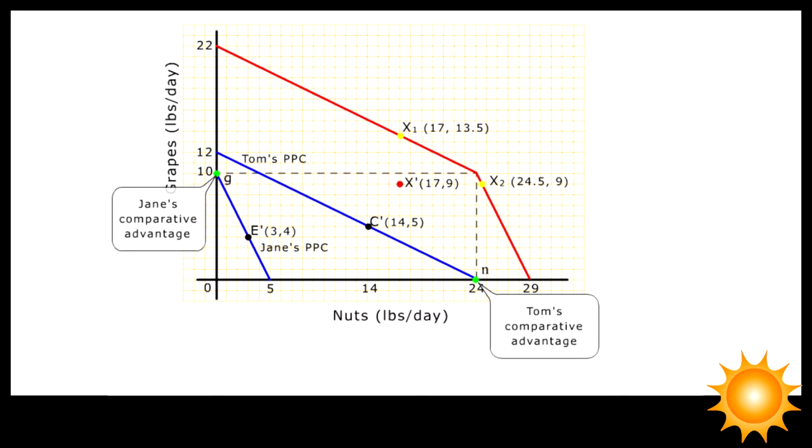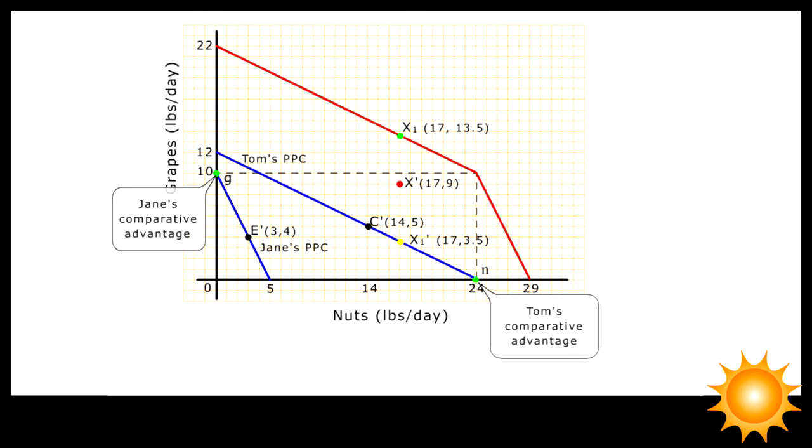Both X1 and X2 are feasible and better than X prime if at least one of them specializes. Comparing X prime, which is below the combined PPC, with X1, which is on the combined PPC, for example, X1 has the same amount of nuts but 4.5 pounds more grapes than at X prime.